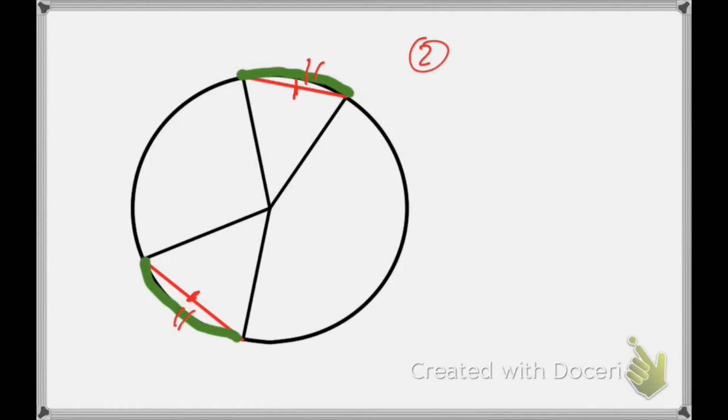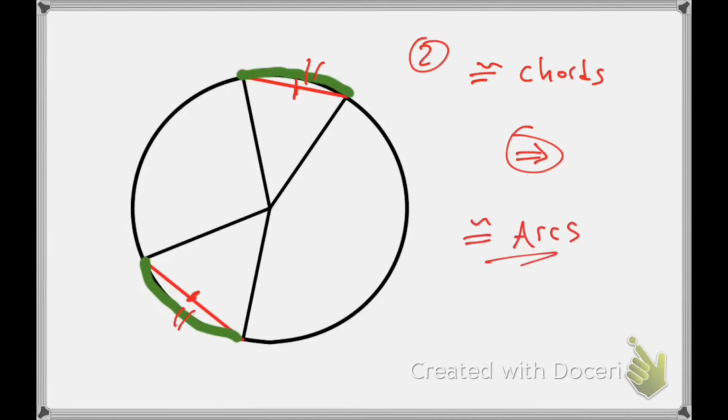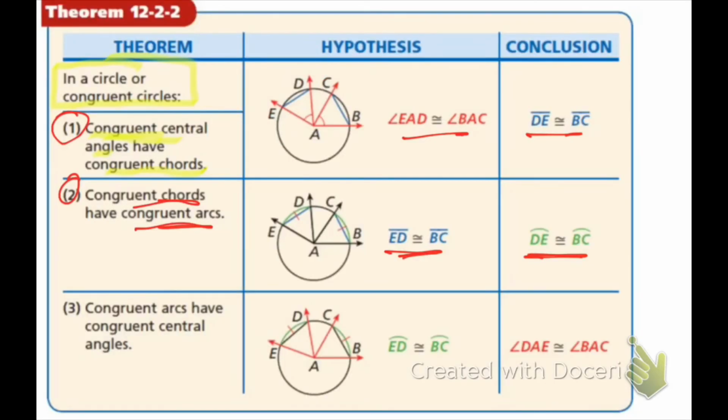So our second part is that if you have congruent chords, this implies that you have congruent arcs. And that's our second theorem here.